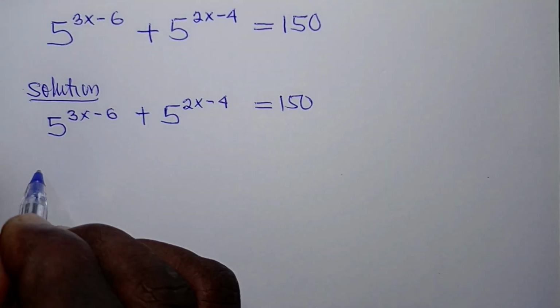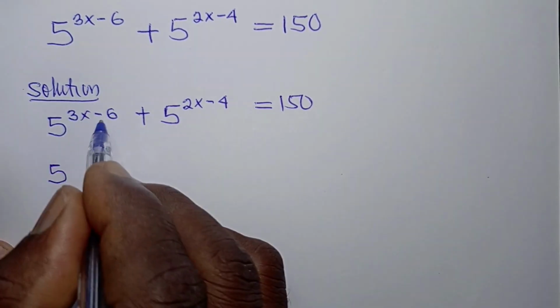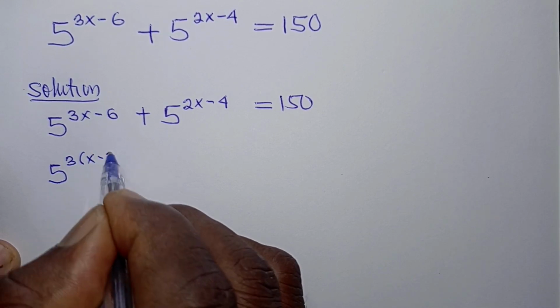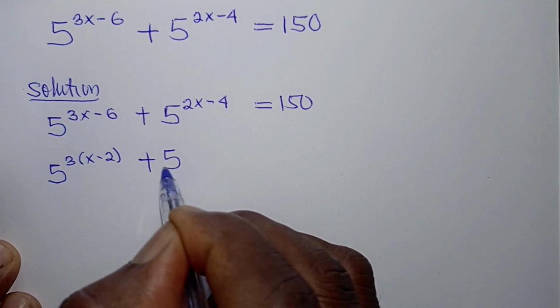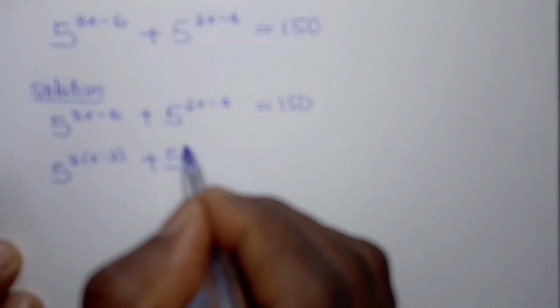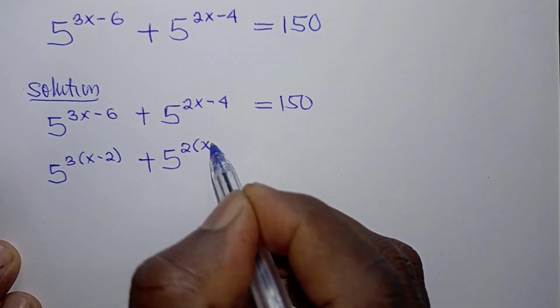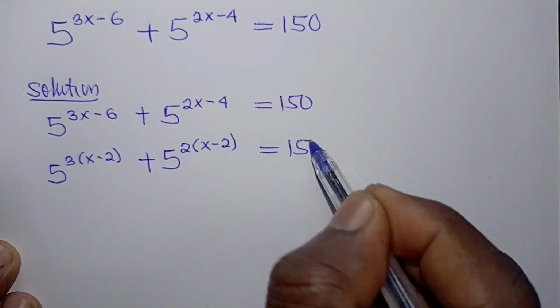So this can be written as 5 to the power 3 brackets open x minus 2, plus 5 to the power 2, which is common here, also x minus 2, and that equals 150.